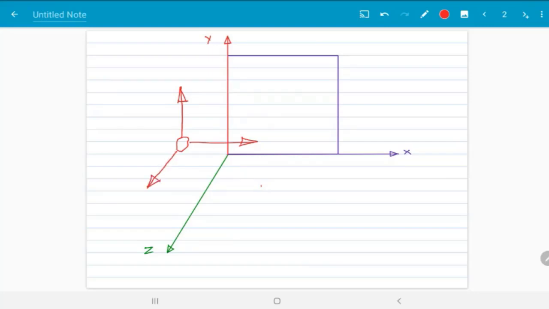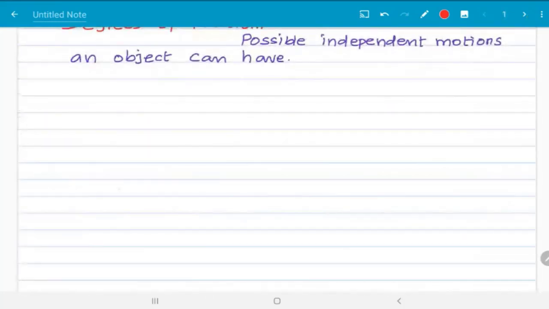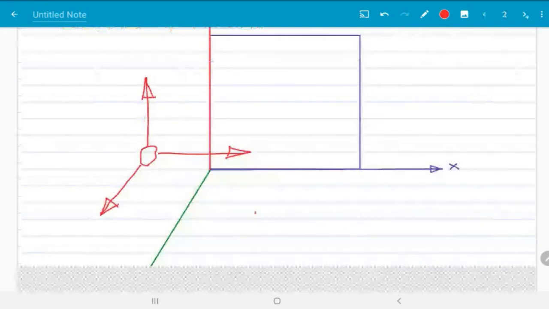These three are possible. So I'm going to write displacement along x direction, displacement along y direction, displacement along z direction. These three are possible at the same time.